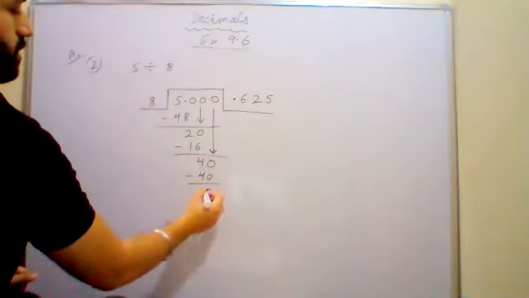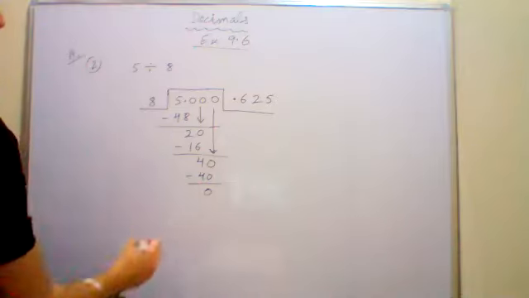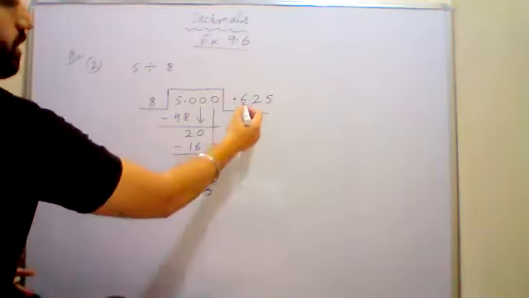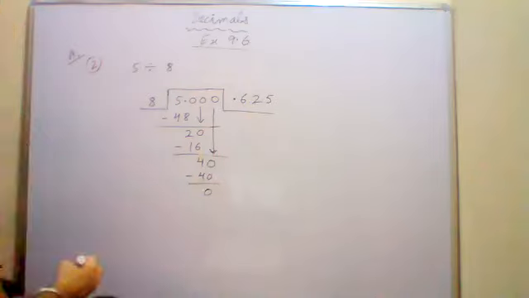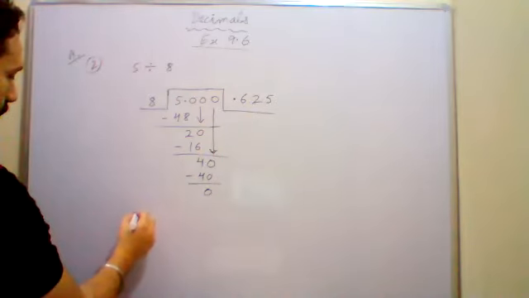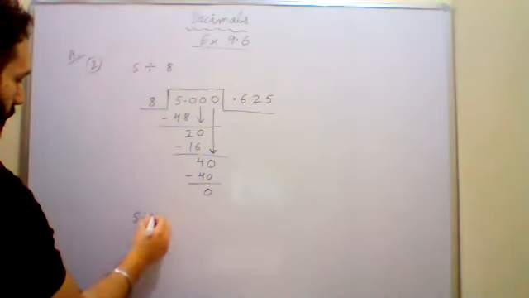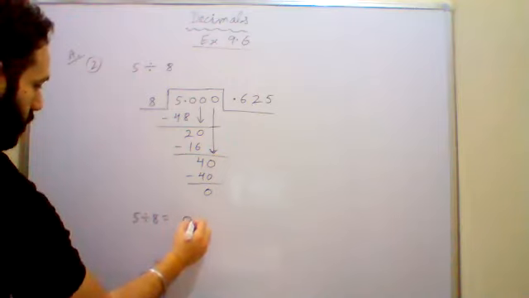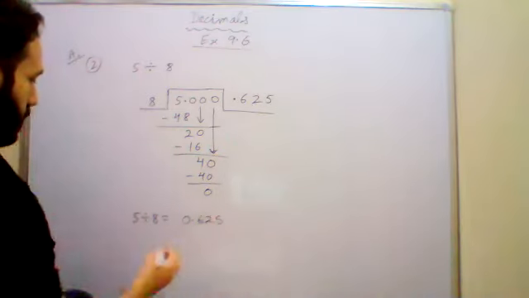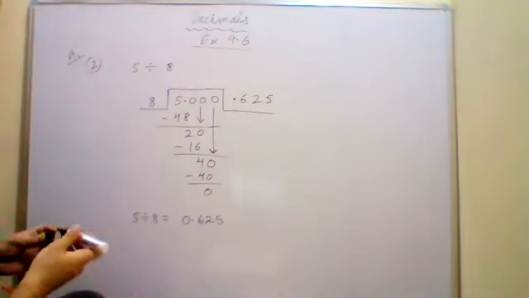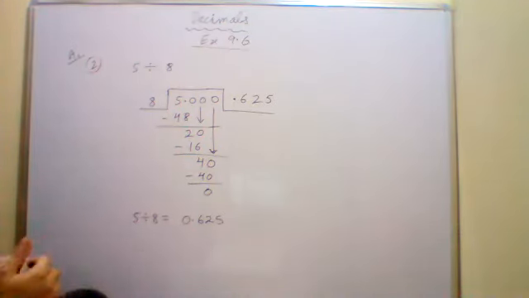Remainder is 0. So finally you have got the remainder 0. What is the answer? 0.625. 5 divided by 8 is equal to 0.625. Just to feel confident, you can verify your answer in the calculator.